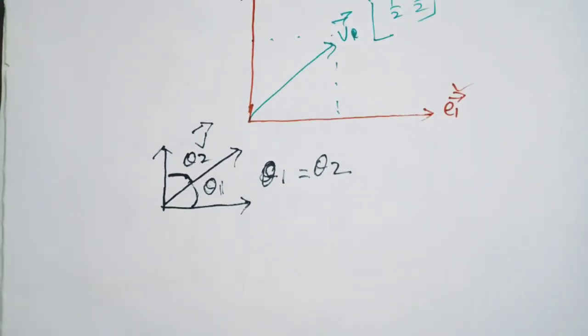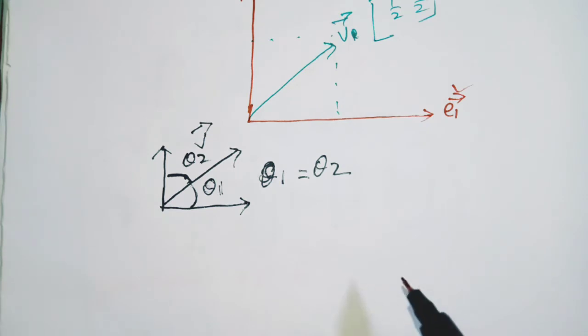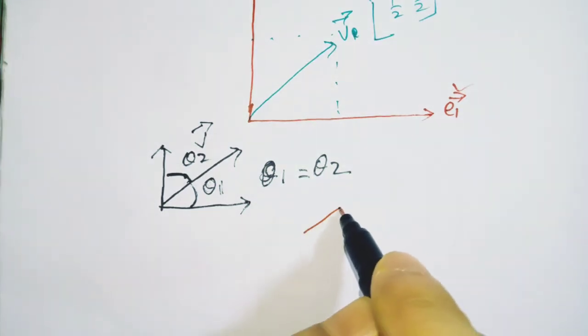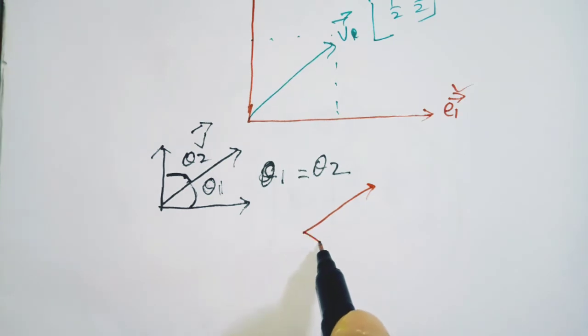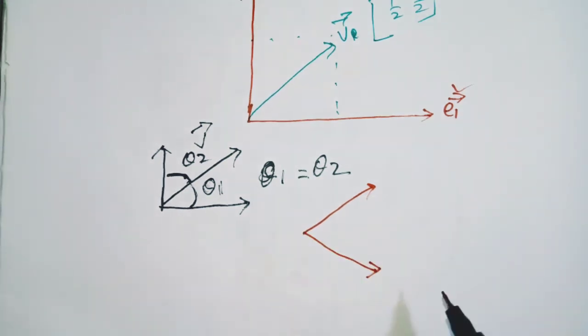Now say we rotate this vector, so it is pointing in this direction. I will draw it in red. After rotation, it would look like this, going in this direction and this part coming around this direction. So we have rotated this.